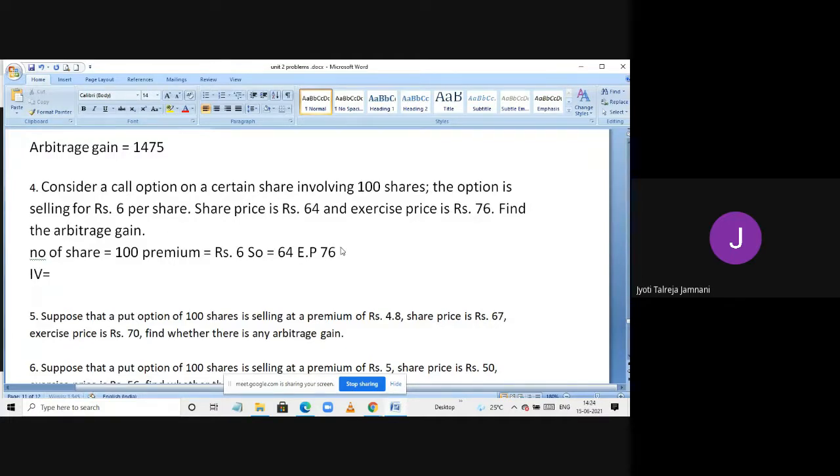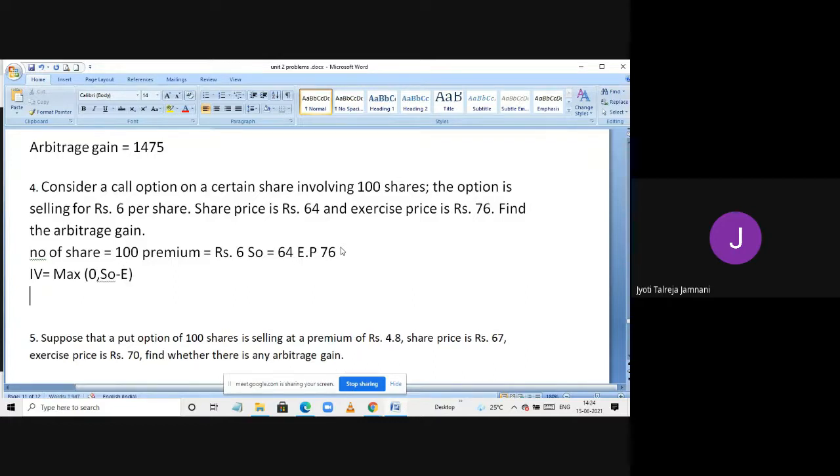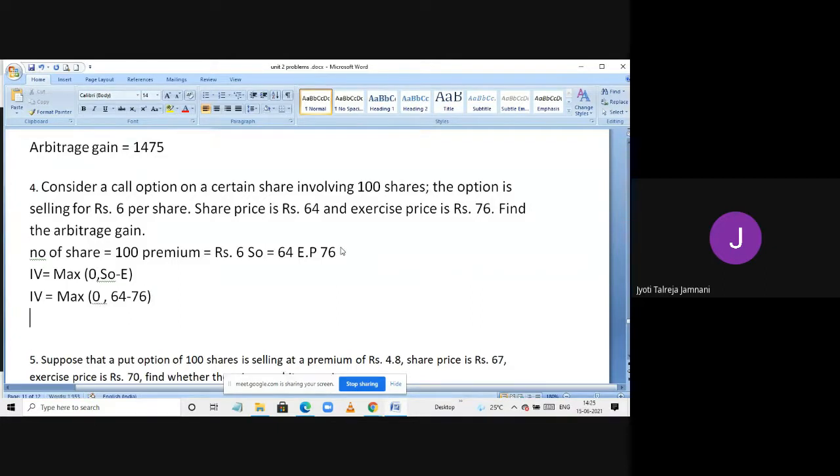Okay. Now we'll find the intrinsic value of the option. Intrinsic value is maximum of 0, comma, S naught minus E. So intrinsic value will be equal to maximum of 0, comma, S naught is 64 minus E is 76. 64 minus 76.